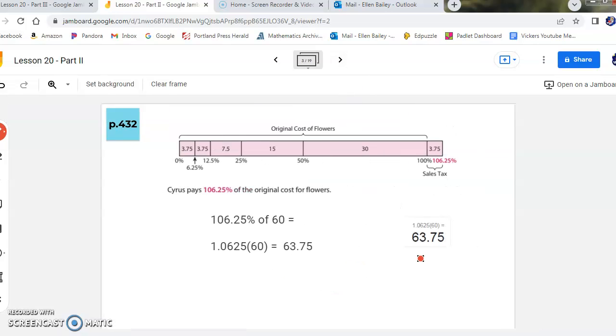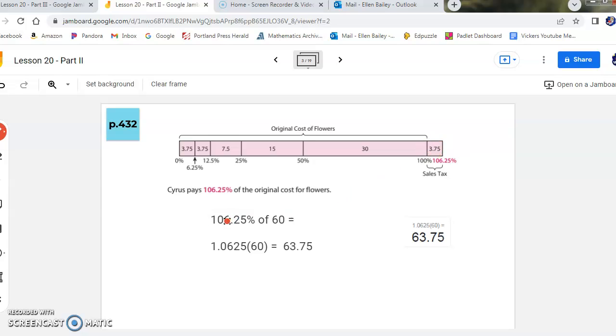All right, now look at this next model. This one, if you have to pay extra, you're really paying over 100% the cost of the item that you're buying. All right, so if Cyrus is paying 6.25% in sales tax, we can think of this as he's paying 100% plus 6.25% more.